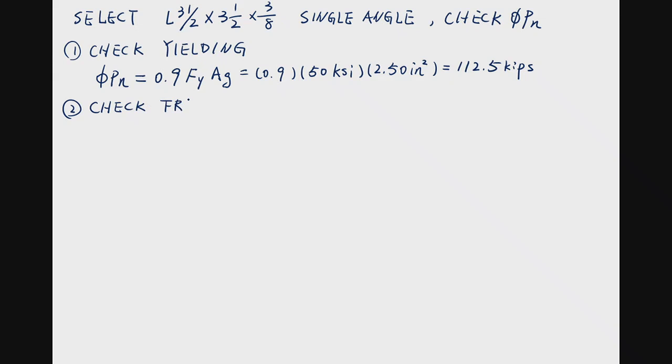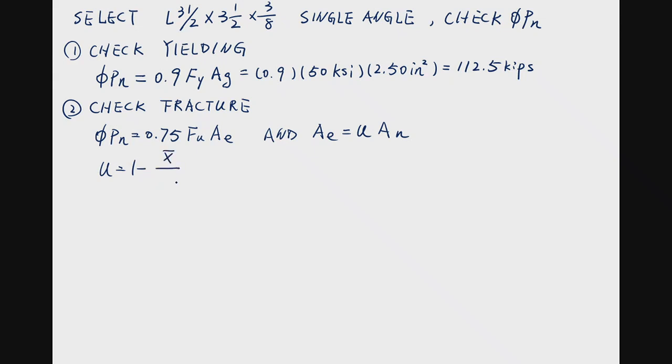All right, and then we want to check fracture. So fracture phi Pn equals 0.75 times Fu times Ae. So we want to calculate U first, right? So Ae equals U times An, and then U equals 1 minus x-bar divided by L, right?